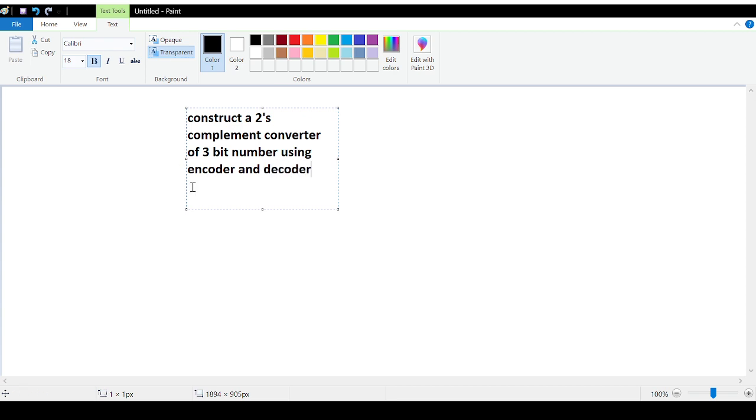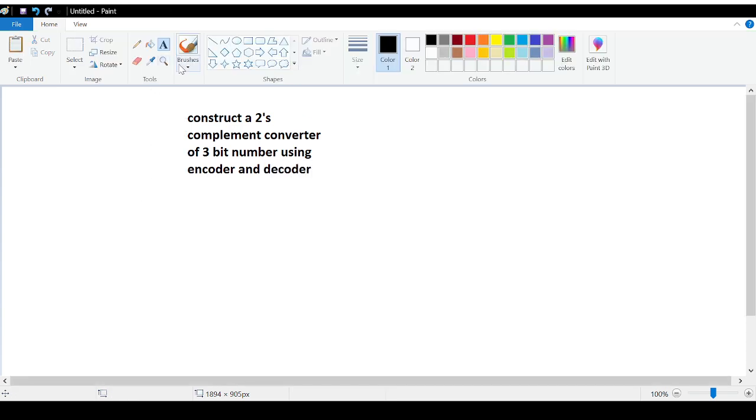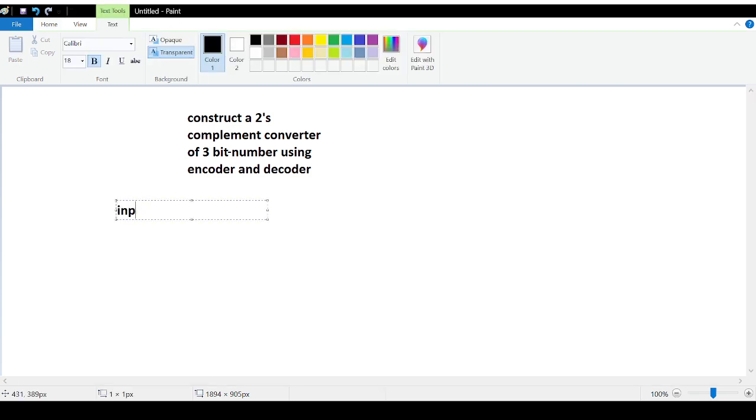This means that I will give you a 3-bit input, a 3-bit binary number, and you need to give me the 2's complement of that 3-bit number as output. So I'll have input here and I'll have output.